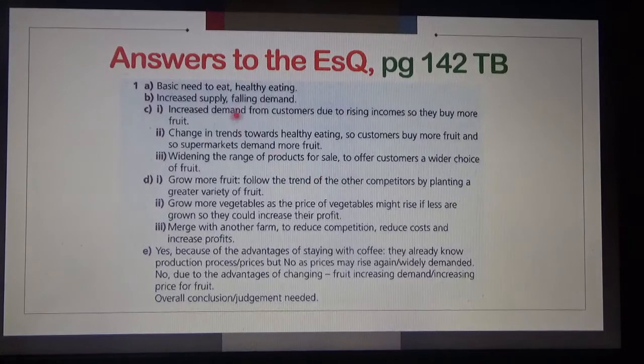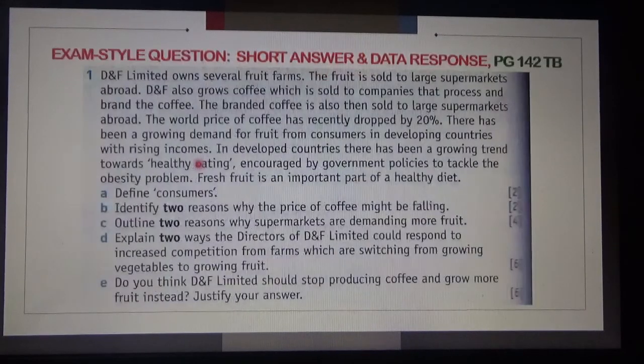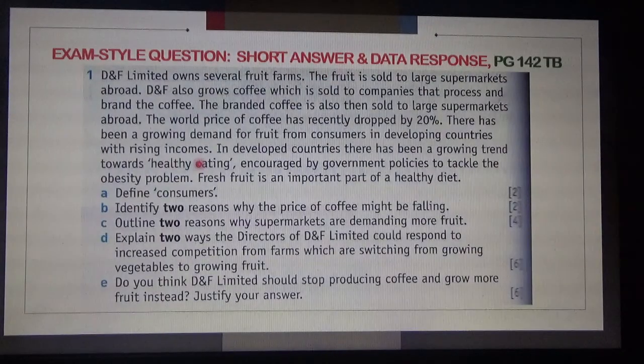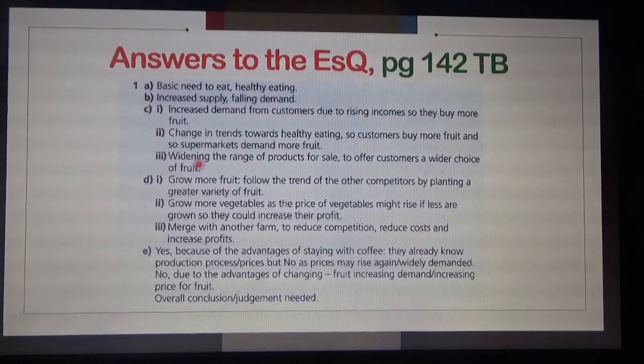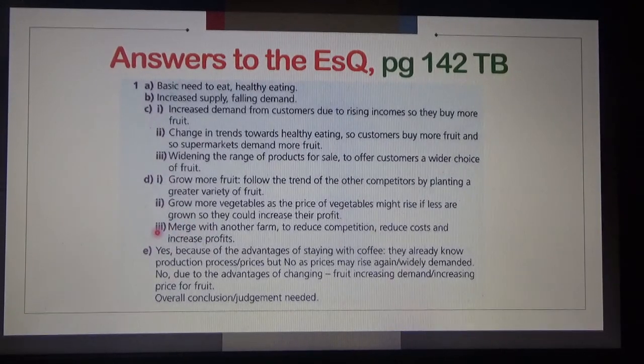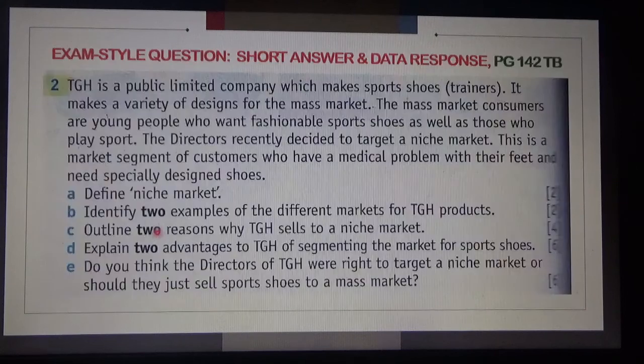You're asked for 2 reasons, but you have 3 reasons. Now, you may choose from among these 3. For letter D, explain 2 ways the directors of DNF Limited could respond to increased competition from farms which are switching from growing vegetables to growing fruit. You're given 3 reasons here, and go over these 3 reasons, and you'll have your guide as answers to the question in letter D.